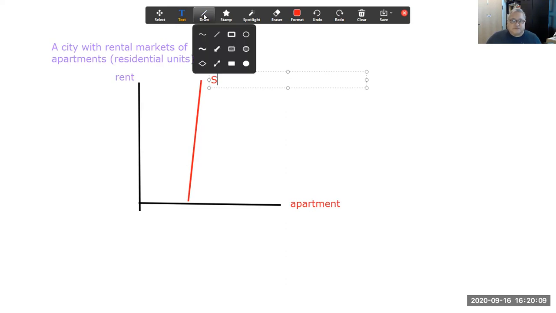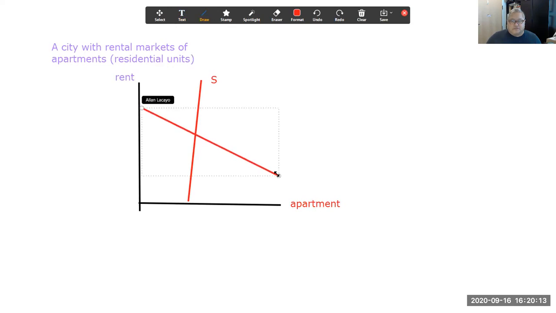On the other hand, we're going to look at a demand curve that looks more traditional, where higher rents mean people just move to farther away cities, or they move out of apartments and back to their homes with their relatives or parents or guardians and whatnot.